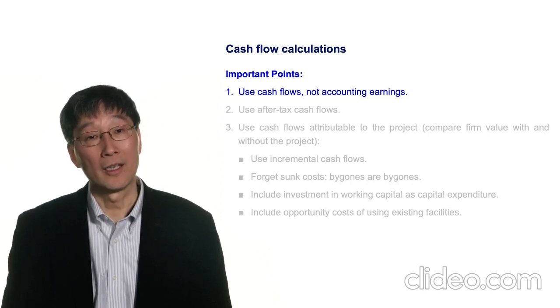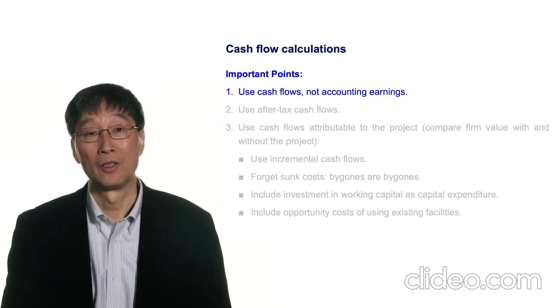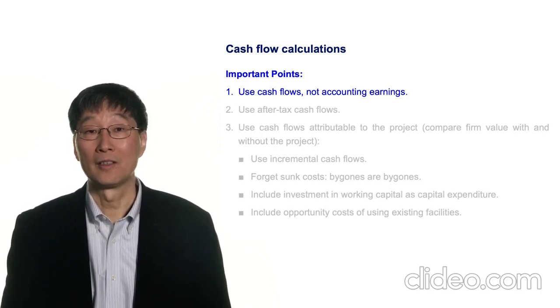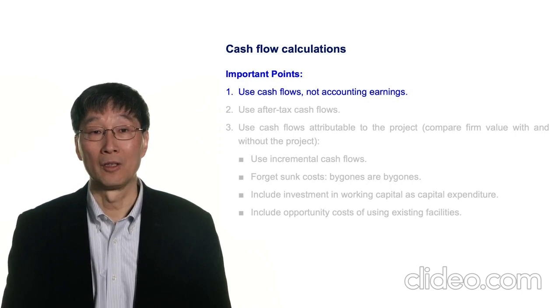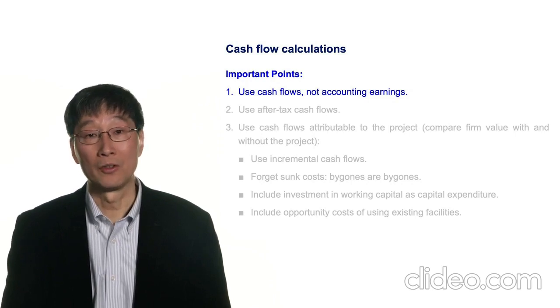Earnings reported in accounting statements follow certain accounting rules, which may not adhere to the actual timing of the cash flow. As we already know, timing is a key element in valuation and needs to be captured accurately. We will see examples on this point soon.